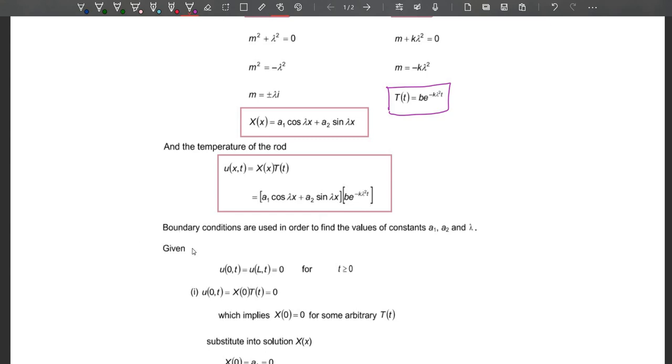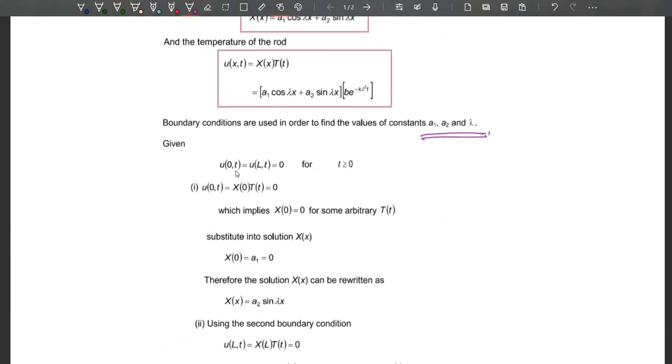The boundary conditions are used to find the values of the constants a1, a2, and lambda. Given the first condition u(0,t) = 0 and the second condition u(L,t) = 0 for t greater than or equal to 0. The first one, u(0,t), means X(0) T(t) = 0, which implies X(0) = 0 for arbitrary T(t).